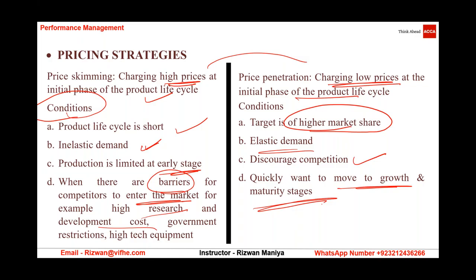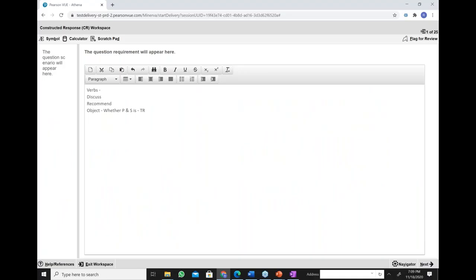Now, having understood this, how to get 8 marks, I'll tell you the marking scheme. I'll take 6 minutes more and explain things. It's an 8 mark requirement. First, you will write about price skimming.